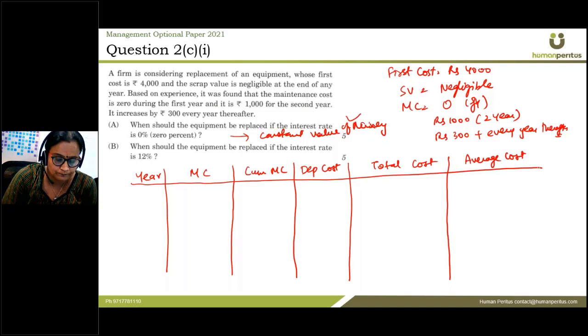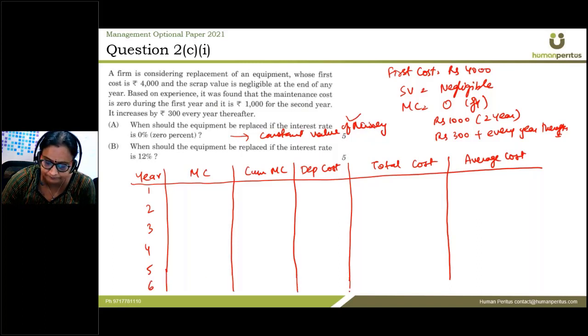So let's compute the data for at least 6 years, right? Based on this maintenance cost data, maintenance cost is 0 for first year. I'm writing 0 in front of year 1.